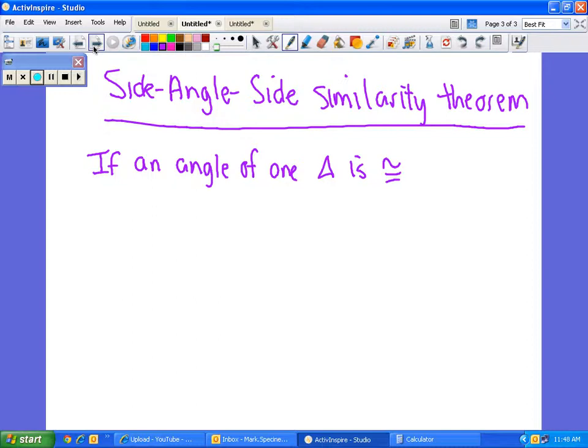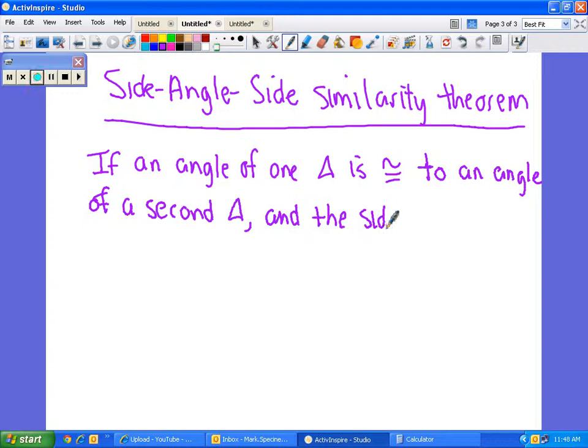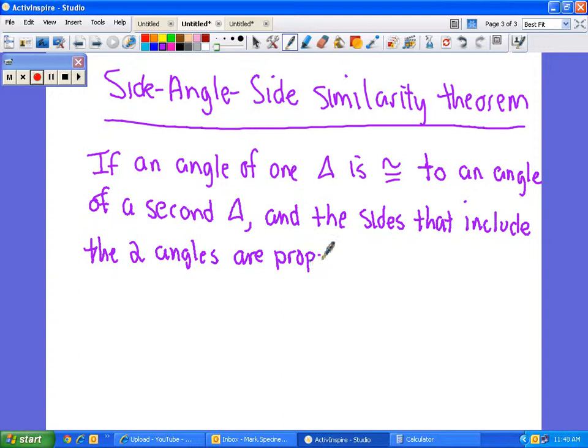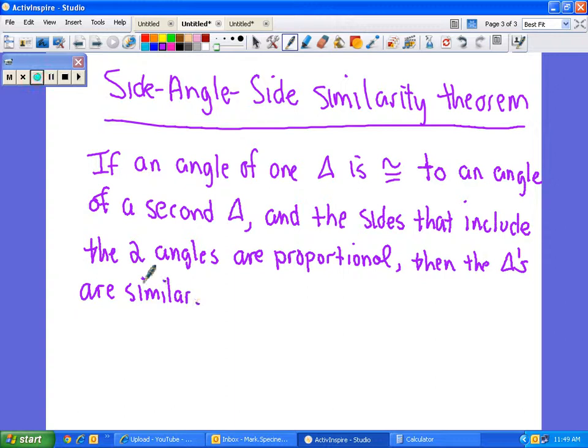If an angle on one triangle is congruent to an angle of a second triangle, and the sides that include those two angles are proportional, then the triangles are similar.